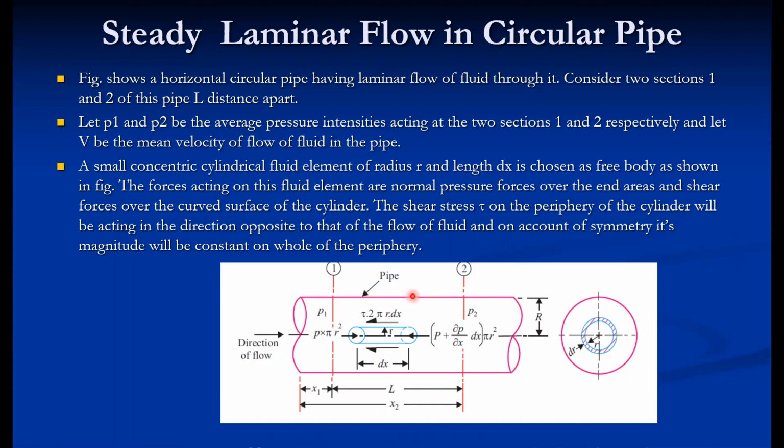Velocity is zero there, and then it gradually increases as the shear stress effect decreases. It is generally maximum at the center, and zero at the pipe wall.